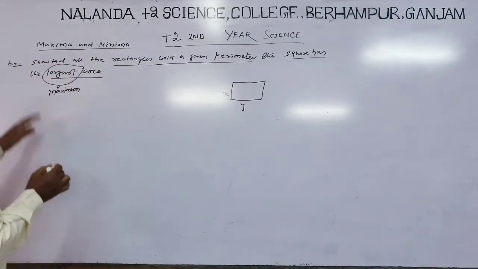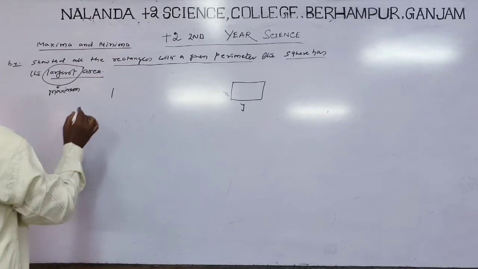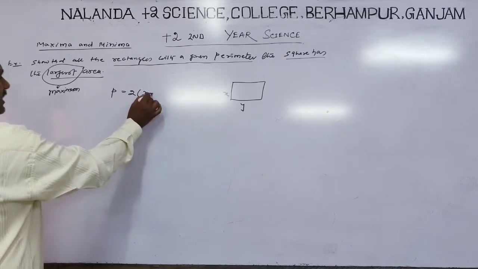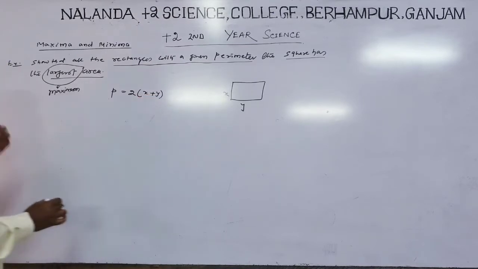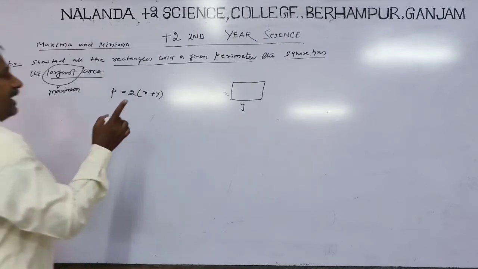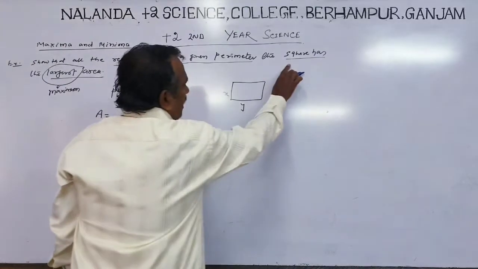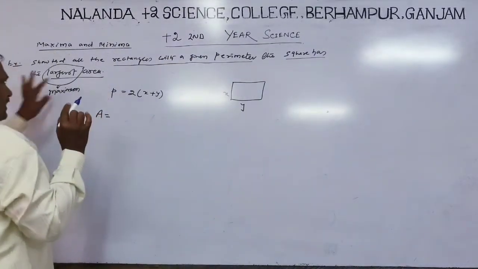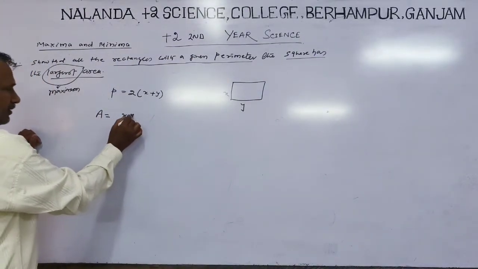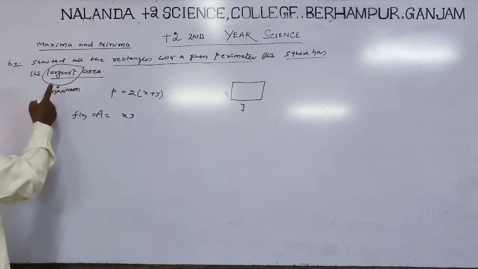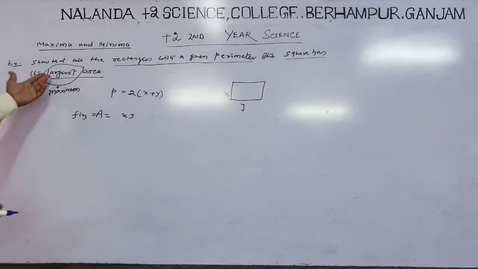The perimeter P equal to 2 into (x plus y). We know that is the perimeter of a rectangle. Okay, this is the formula. And area equal to x into y. The area has to be maximum, so this part equal to f of x, because this is the largest area or maximum area.